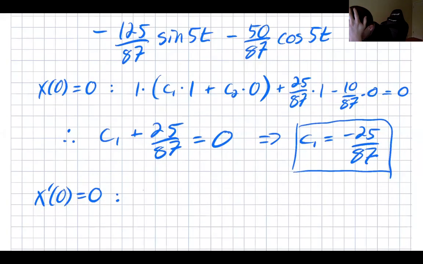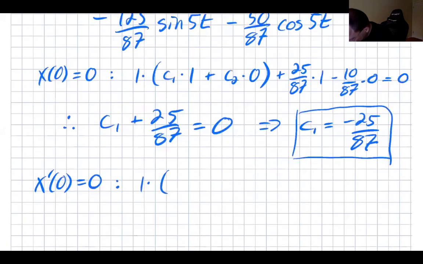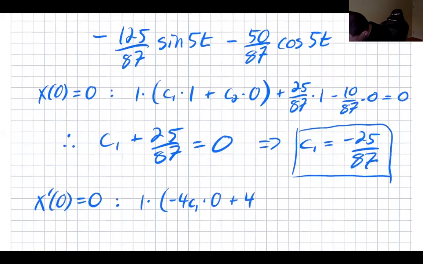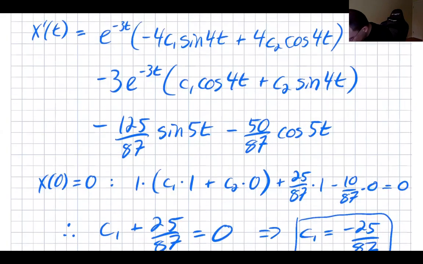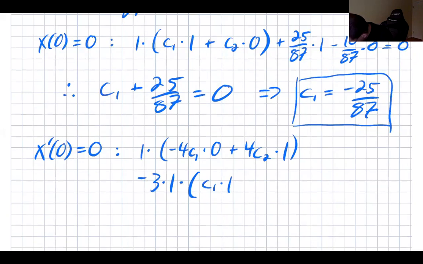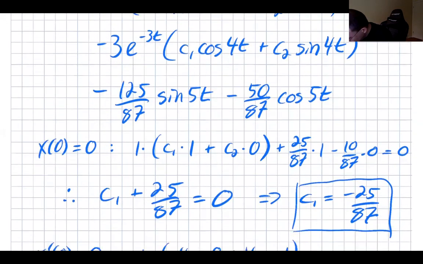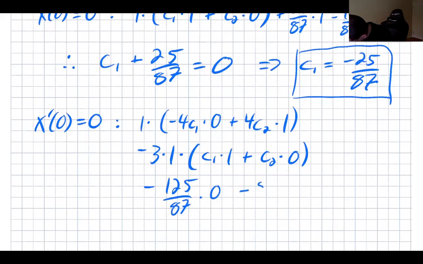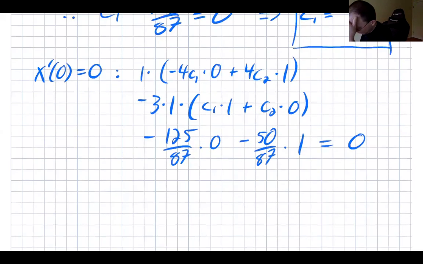So I'll get 1 times negative 4c1 times 0 plus 4c2 times 1, and then minus 3 times 1 times c1 times 1 plus c2 times 0, and then minus 125 over 87 times 0 minus 50 over 87 times 1. Okay, and that is all equal to 0. Quite a mess. Let's simplify this.